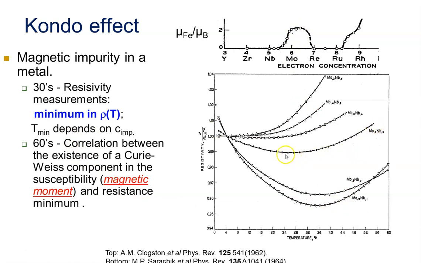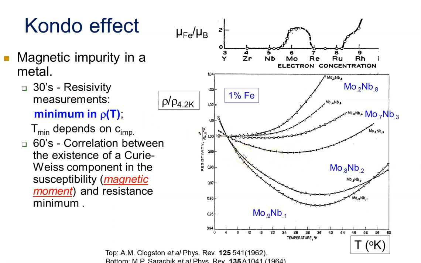It actually reaches a minimum. So this minimum in the resistivity is what is usually referred to as a signature of the Kondo effect. And in the 1960s, it was established that there is a correlation between the existence of a magnetic moment, or a Curie-Weiss component in the magnetic susceptibility, and the appearance of this resistance minimum here.